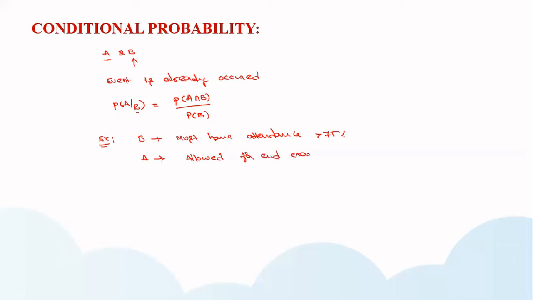These are simple examples for conditional probability. And if A and B are mutually exclusive, then probability of A intersection B is equal to 0. So if probability of A intersection B is equal to 0, probability of A by B is also equal to 0.